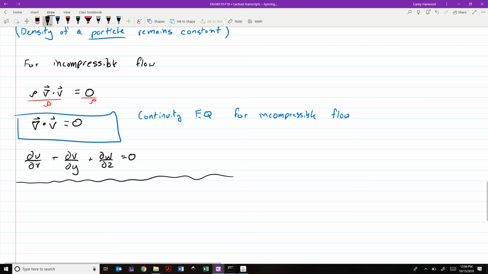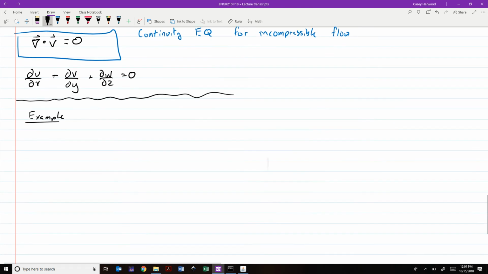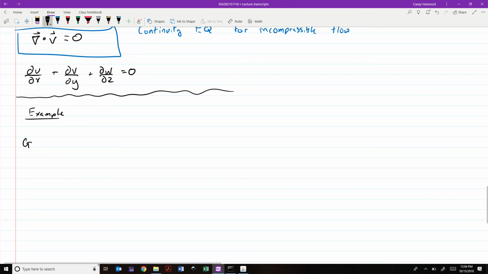Okay. So as an example, we're given a velocity field that has u equal to x squared plus y squared, v equal to xy plus yz plus z. And we're told that the flow is incompressible.